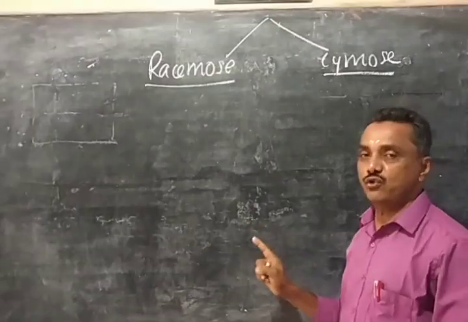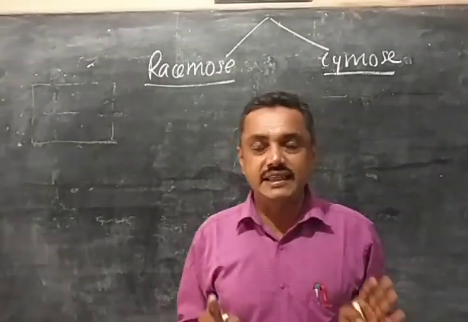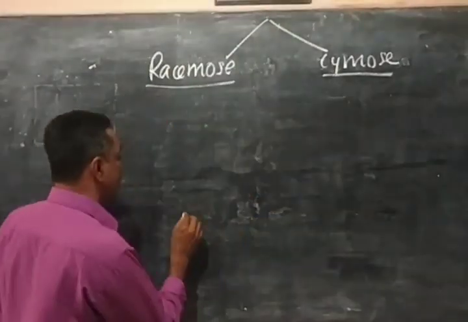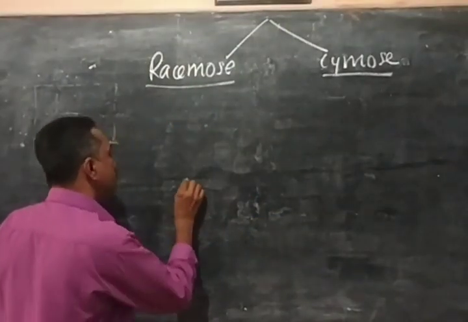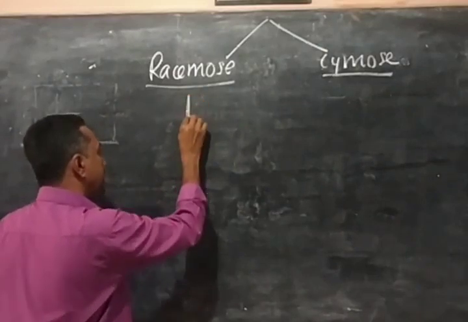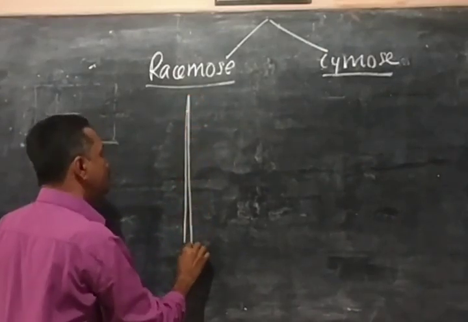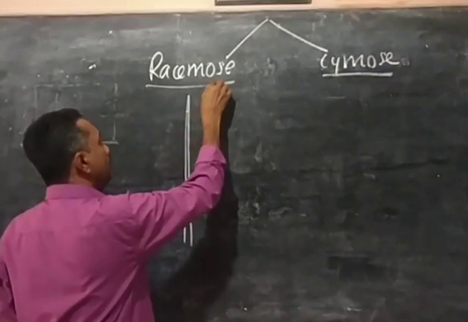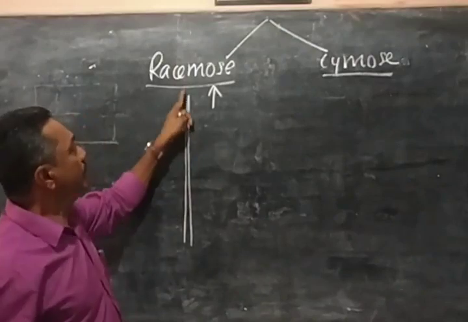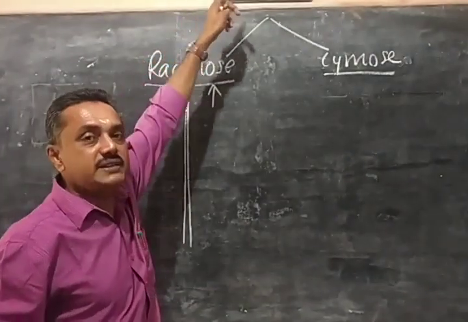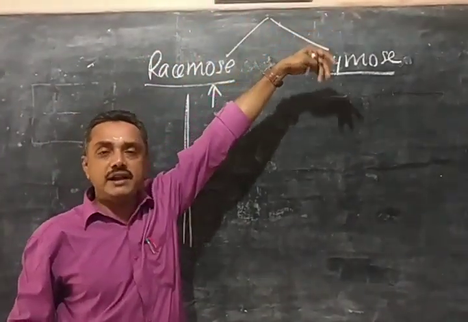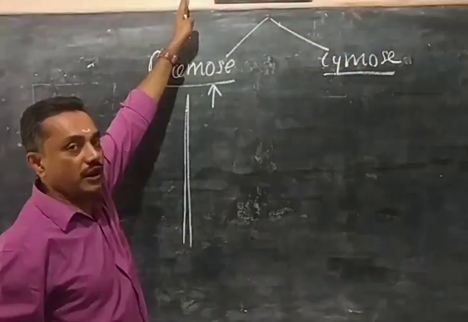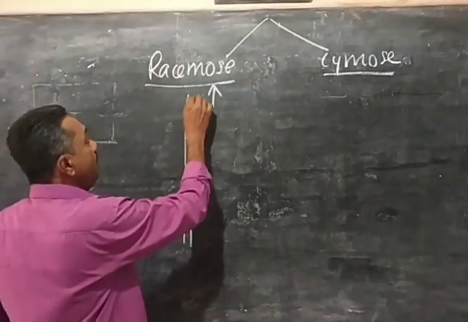In racemose inflorescence, there are three points you have to remember. In racemose inflorescence, the axis grows continuously. Many plants are like that, such as Caesalpinia. You put an arrow mark: the axis grows continuously and never ends in a flower.